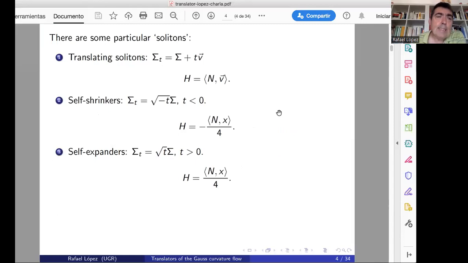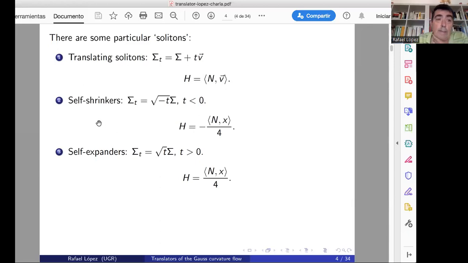In this case, there are three special solitons. Solitons that are preserved by translations of the space. I mean, if sigma satisfies the flow, then the translation also satisfies the same equation. And in this case, the mean curvature satisfies this equation: the mean curvature is equal to the product of the Gauss map times v, the fixed direction of the space.